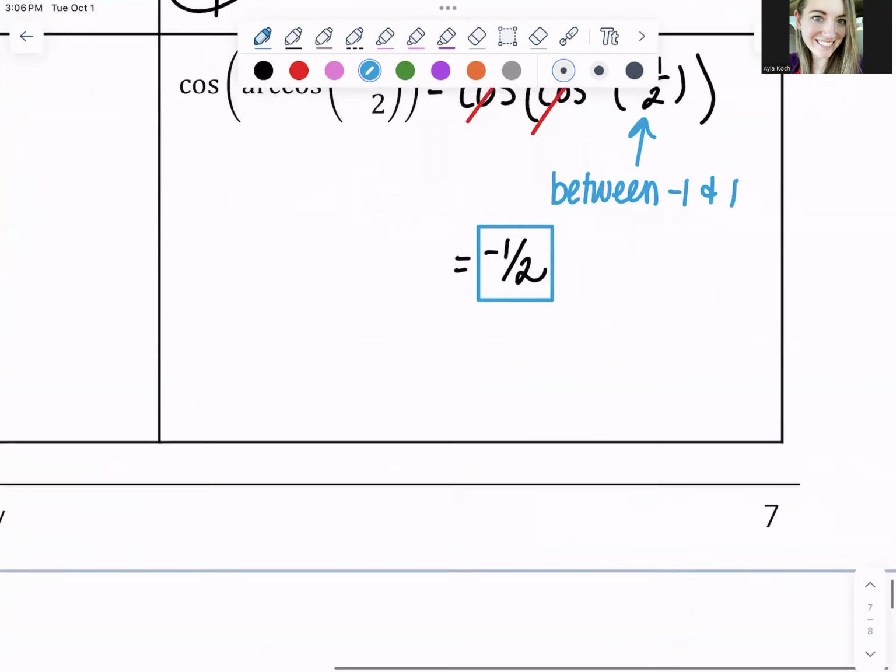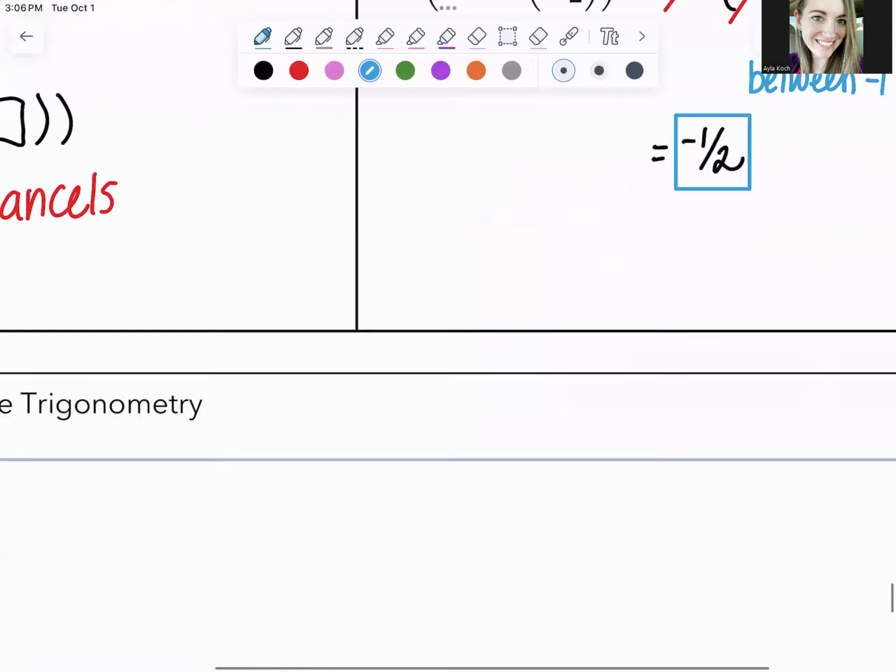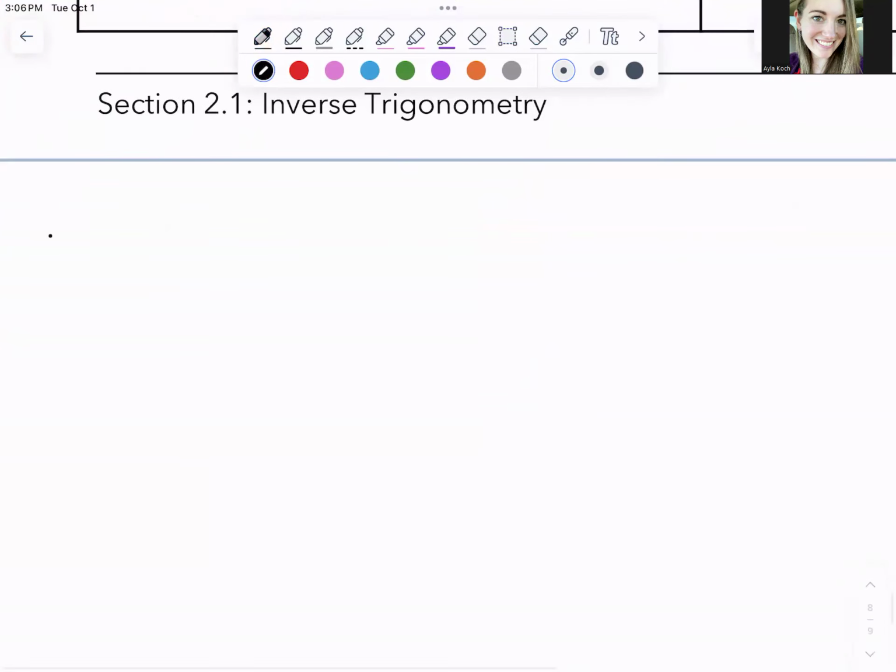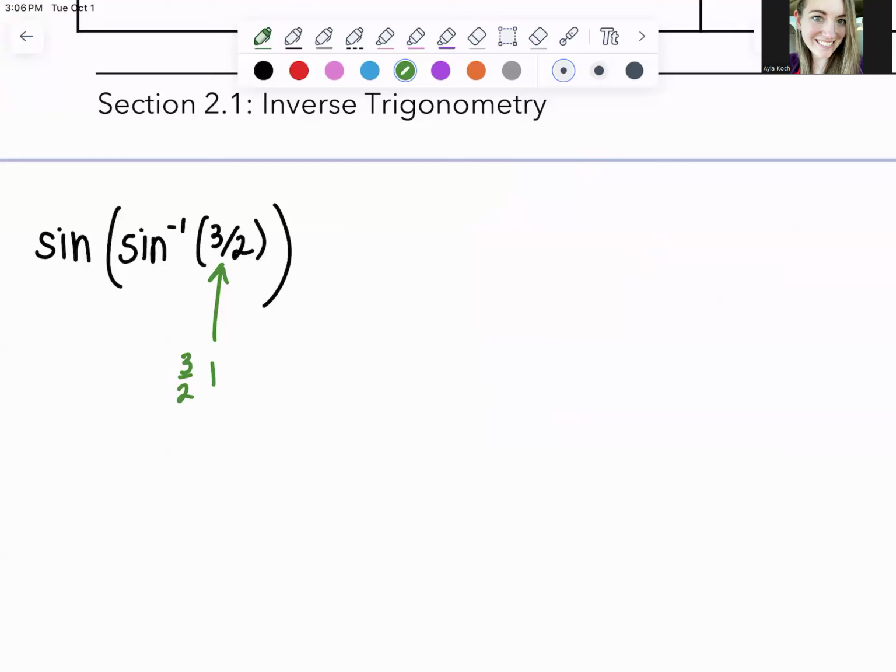I wish I had put an example on here, and I didn't, so I'm going to put one right down here. Something like sine of sine inverse of 3/2. If you ran into a situation like this, first of all, if you try putting this in your calculator, it'll get mad at you. It may not appear apparent, but 3/2 is equal to 1.5.